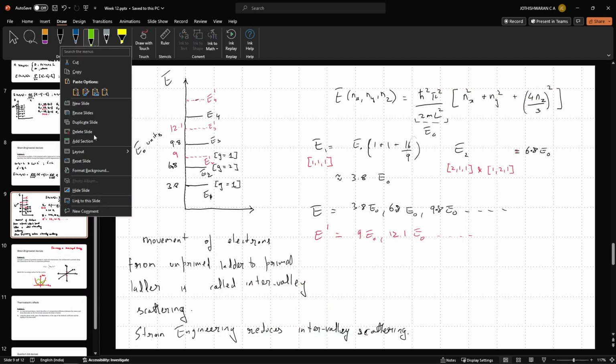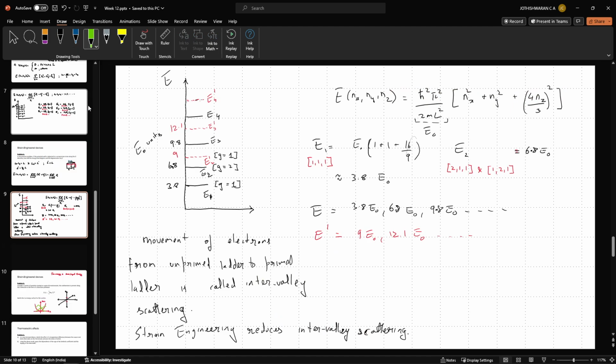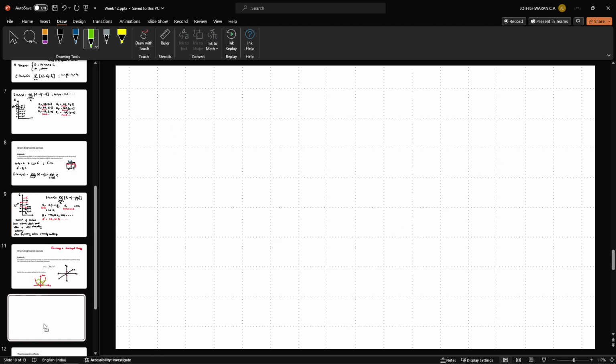How do we go about doing that? In order to do that, let us first write the energy of the particle.